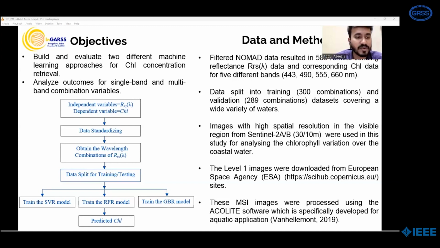Coming to the methodology, the first step is data acquisition, and the second is pre-processing. Then we apply algorithms; in this study we have used SVR, RFR, and GBR models. We use in situ datasets for the validation of the chlorophyll with respect to these three models, and finally the chlorophyll concentration estimation from the satellite images.